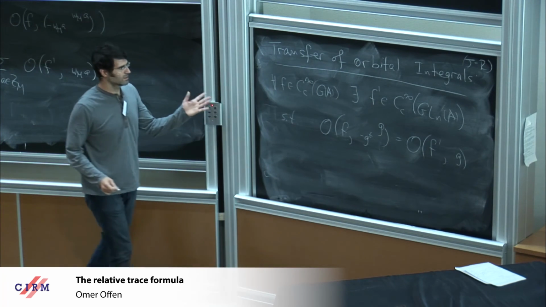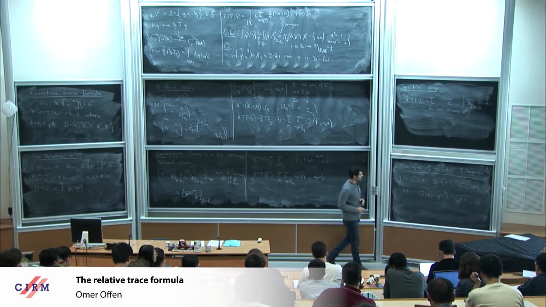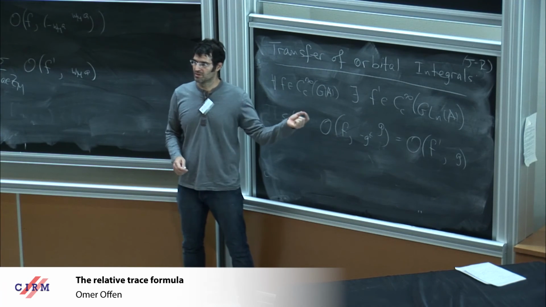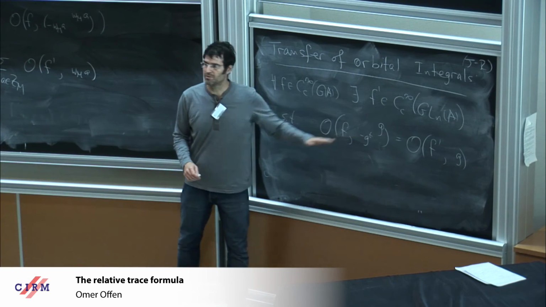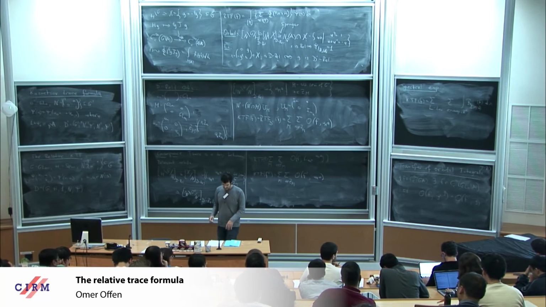Okay, so the result is really a local result, so there is a smooth transfer almost everywhere, and the fundamental lemma in order to have identity of the local integrals almost everywhere at the unit Hecke element, and in fact for all Hecke elements.